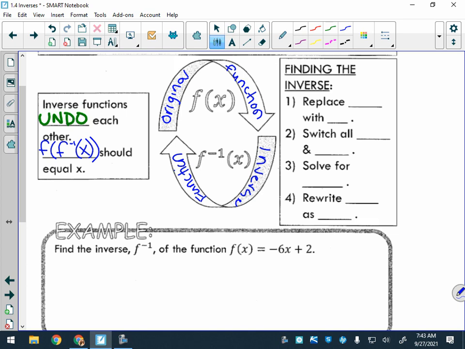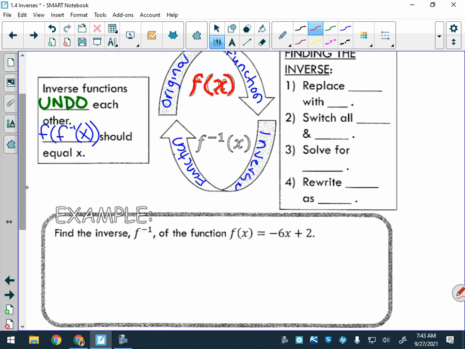So we have f of x, which is our original, and then our new notation, which we should be familiar with, that we will be using: f to the negative first means inverse. With that -1, that means inverse.